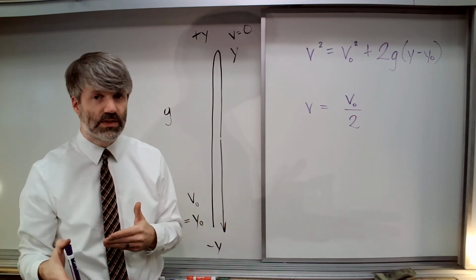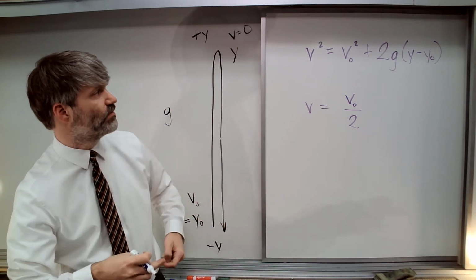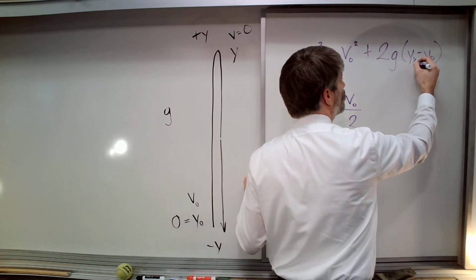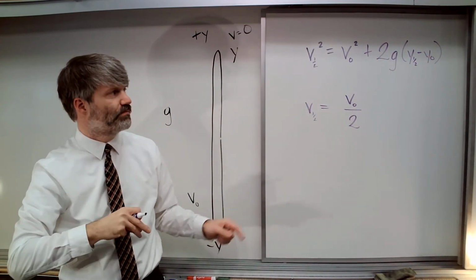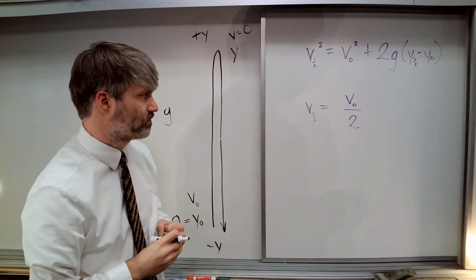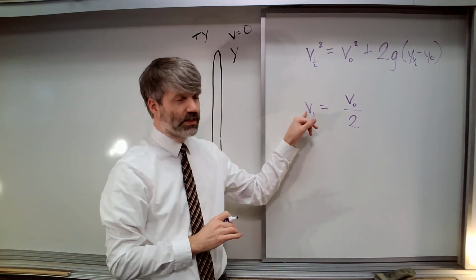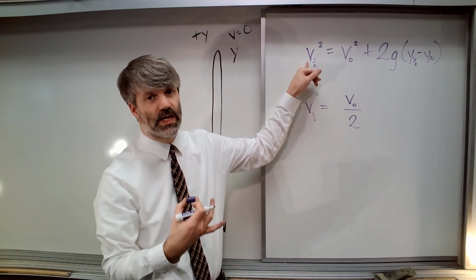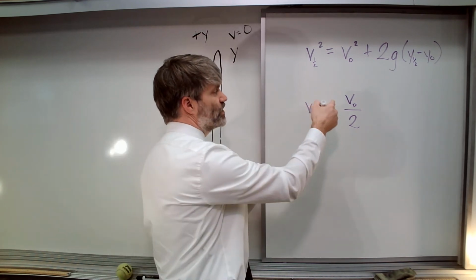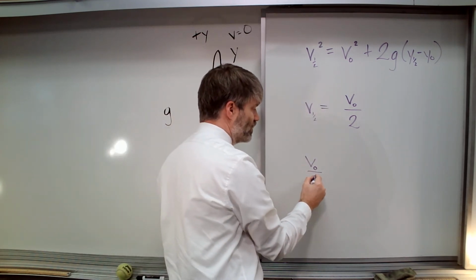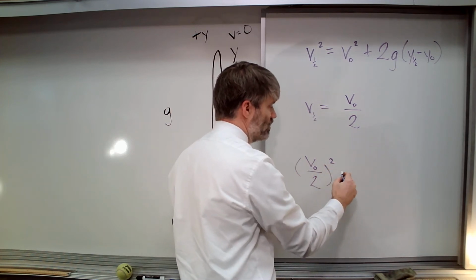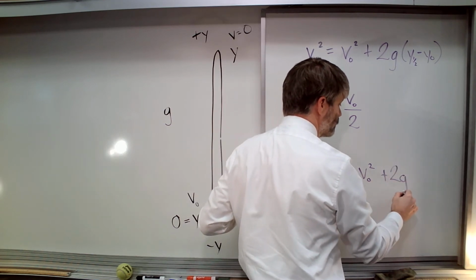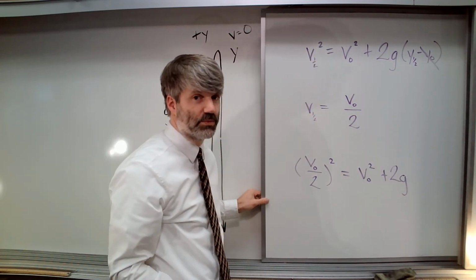Now, in this case, we should probably make some little subscripts. We'll go v1/2, because that's the new thing we're looking for. So if this new final speed is 1/2 of the original, I'm going to substitute that into my equation, solve for y, and find out the relationship here. So we will have (v0 over 2) squared is v0 squared plus 2g times y1/2, y0 being 0 again.